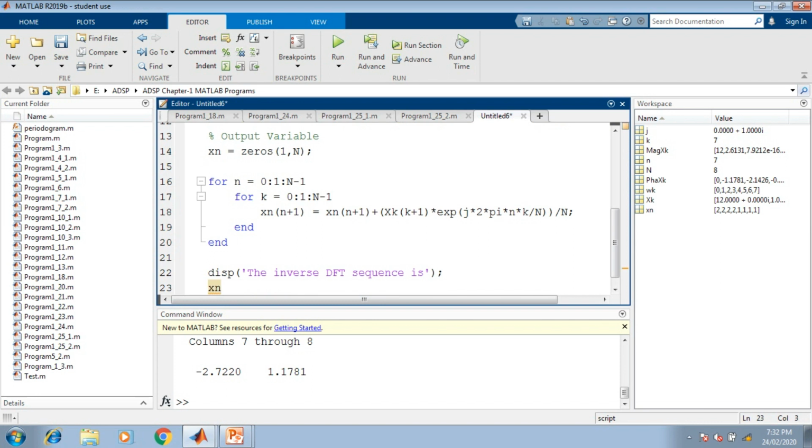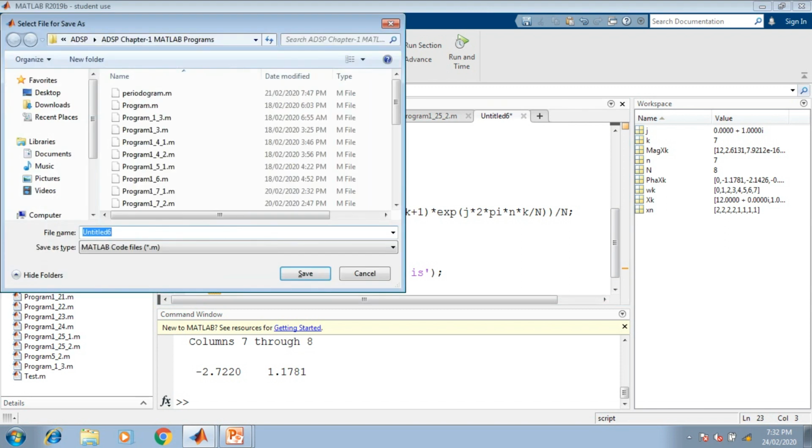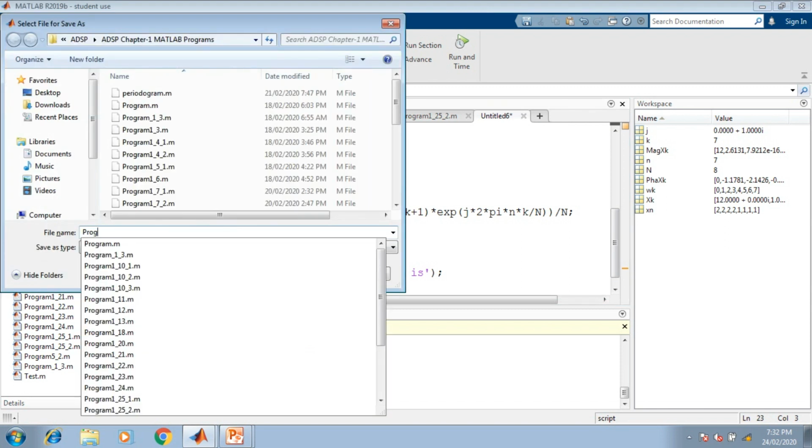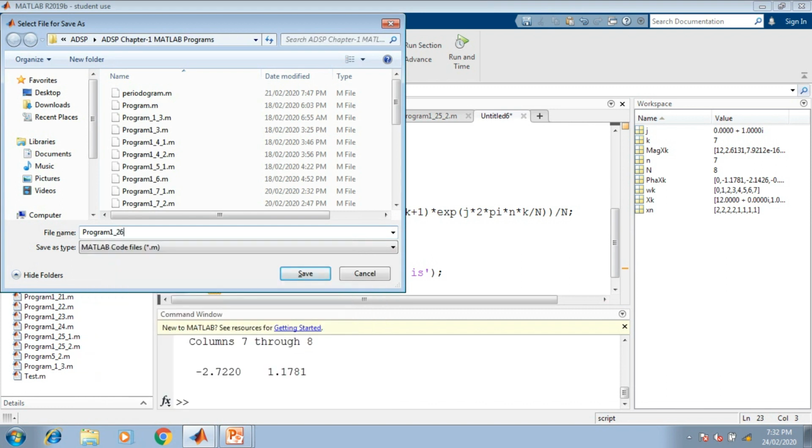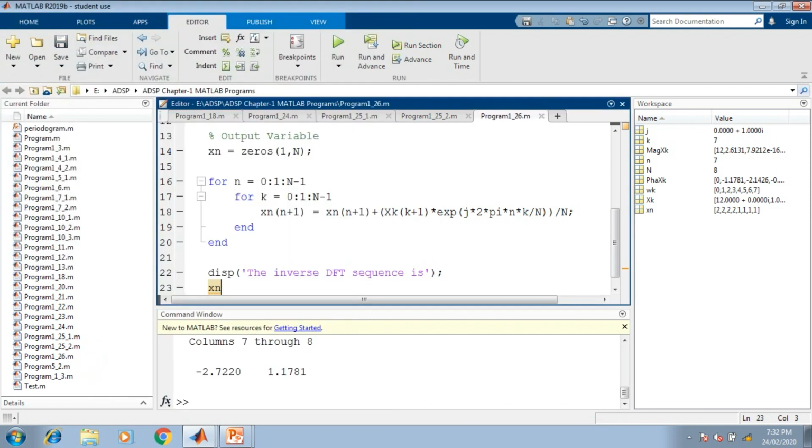We don't provide the semicolon here, so it will print all the coefficient values. We save this program with the name program1_26, and let us run this program.